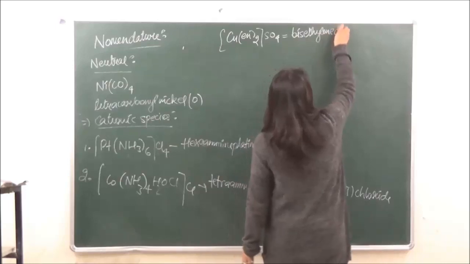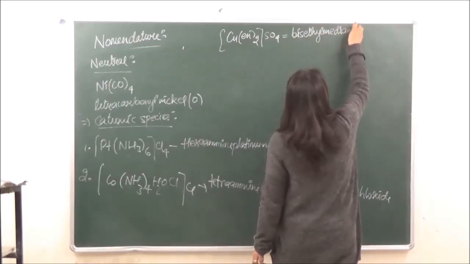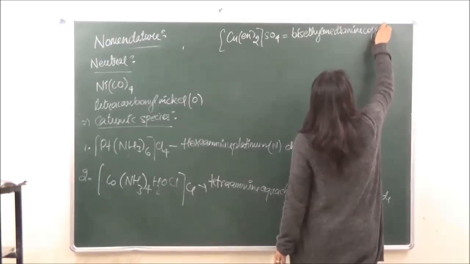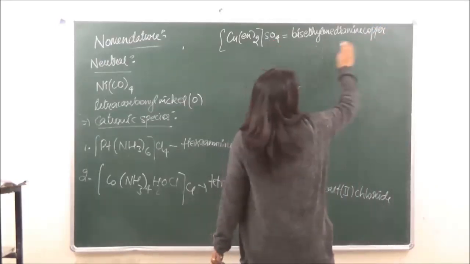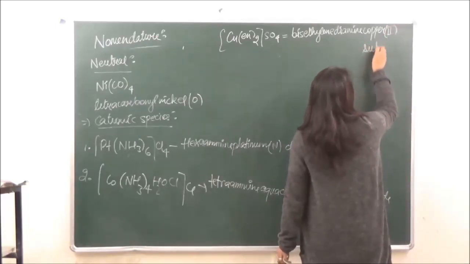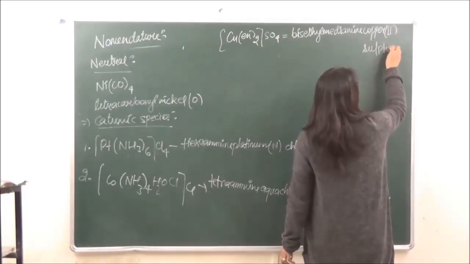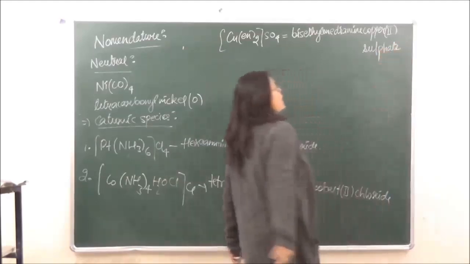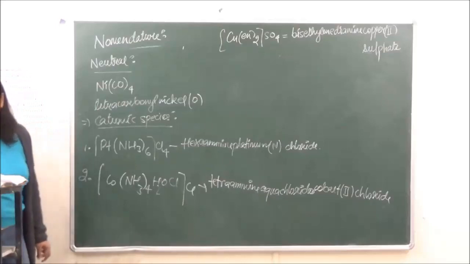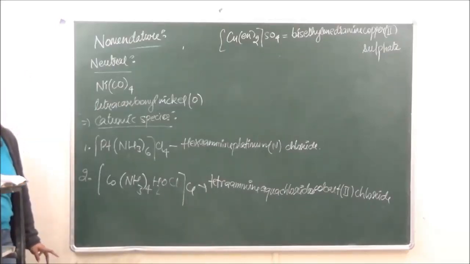Bis ethylene diamine copper. Oxidation state of copper is going to be 2, and sulfate, which is the counter ion. Okay?